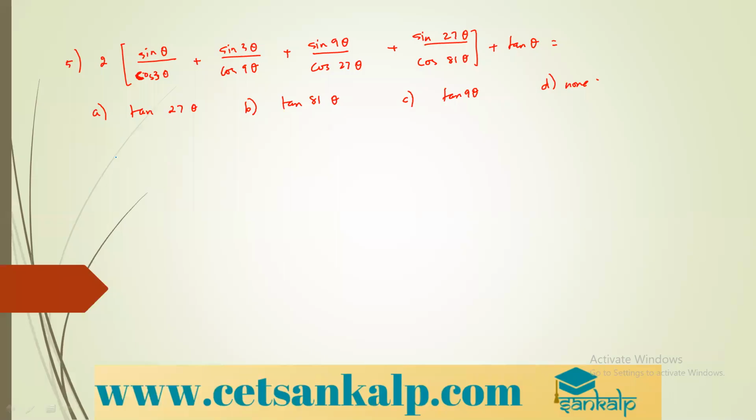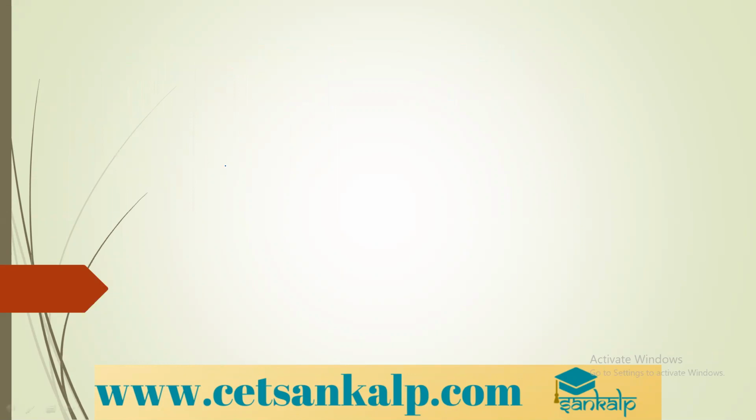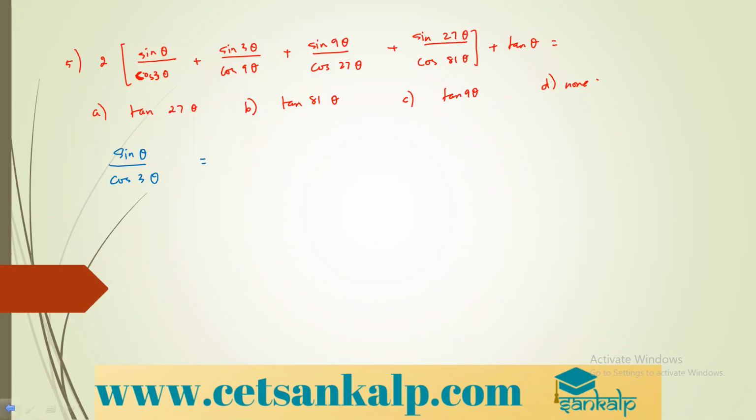So first of all, we will start with sine theta by cos 3 theta. Here, first of all, I will multiply and divide something. I will take sine theta by cos 3 theta and multiply cos theta up and down, and multiply 2 up and down.